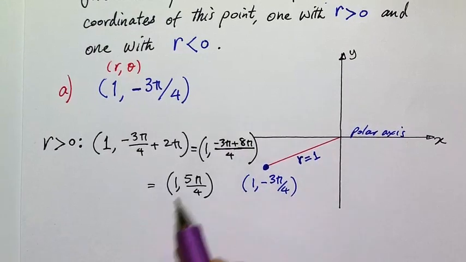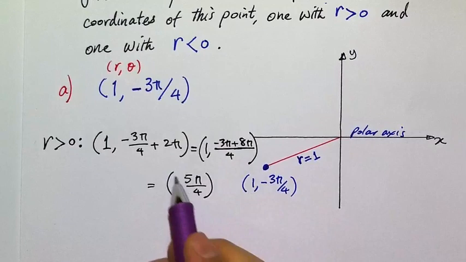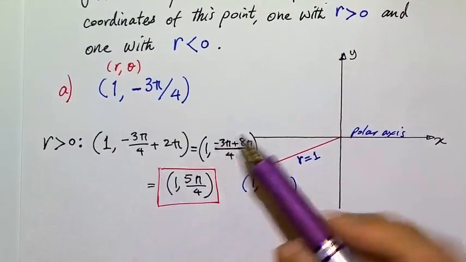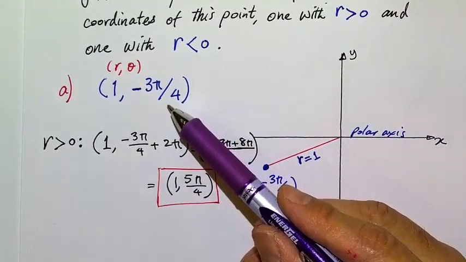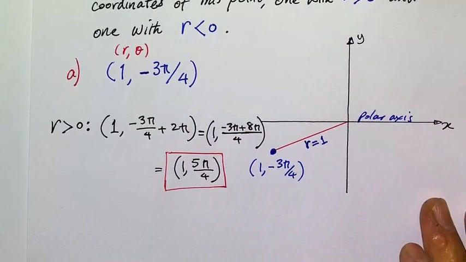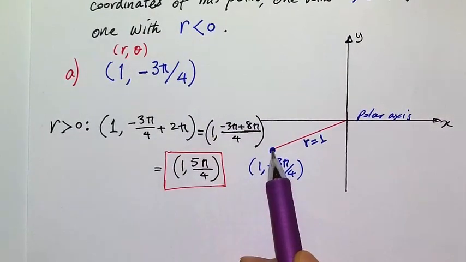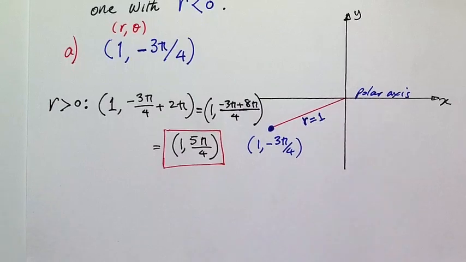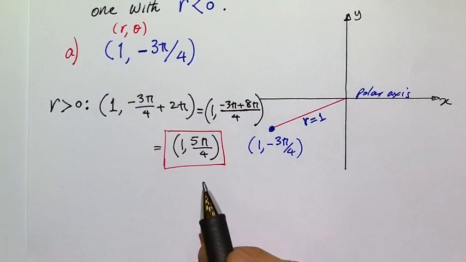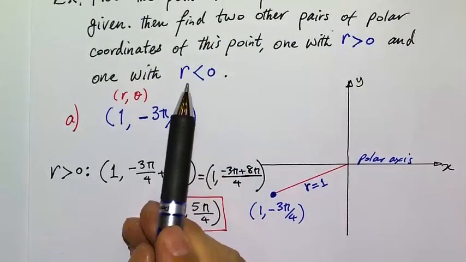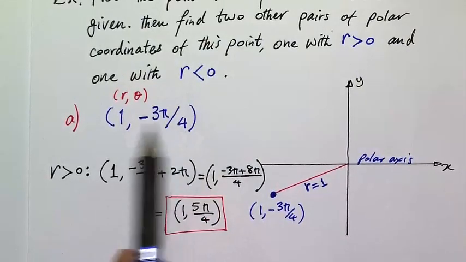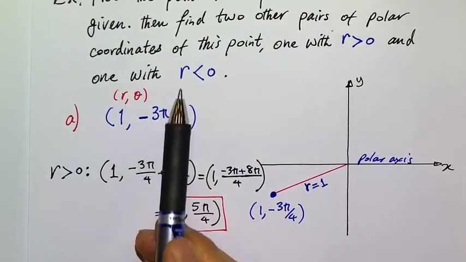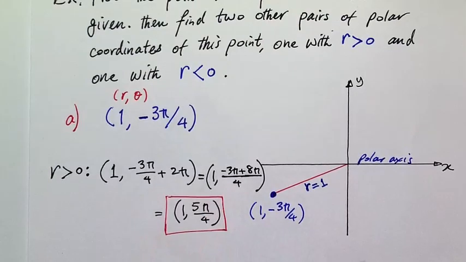So this point is going to be equivalent to that original polar coordinates. It'll bring us back to this point. Okay. So now let's find an equivalent for this polar coordinates with r less than 0, or negative.